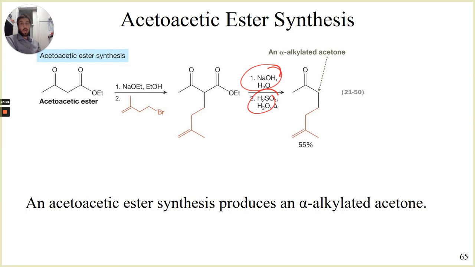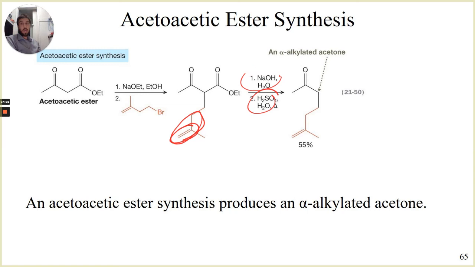So it largely depends on the system you're trying to do. Why would you vary that? Okay, well, in this case, we do have that alkene, and alkenes are sensitive to acid. We might want to limit the exposure of this molecule to acid because it might end up doing some goofy chemistry down there with the alkene.